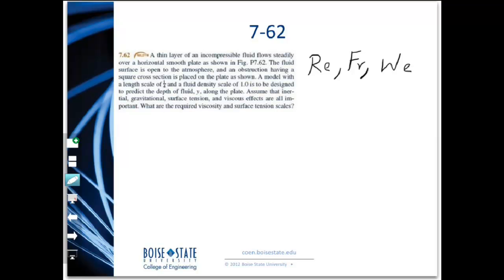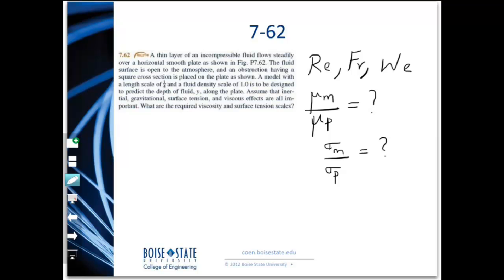That means for this model and prototype to work together, you need to do the Reynolds number similarity, Froude number similarity, and Weber number similarity. In this problem, you're asked to find mu m over mu p and the surface tension scales for the model and the prototype.